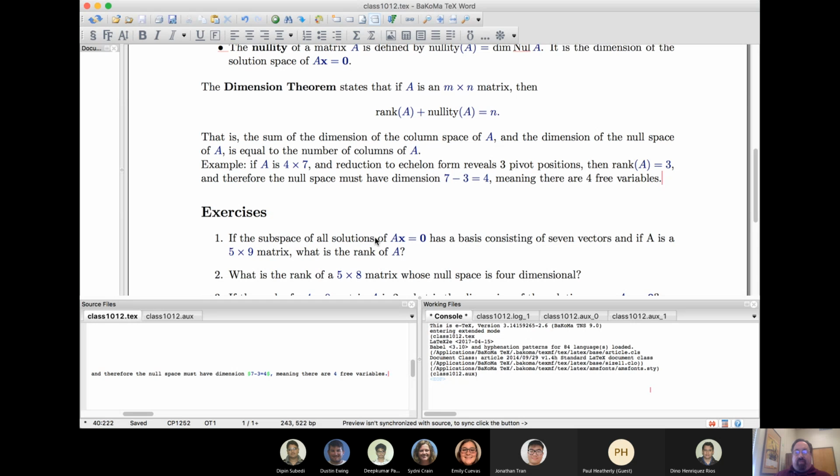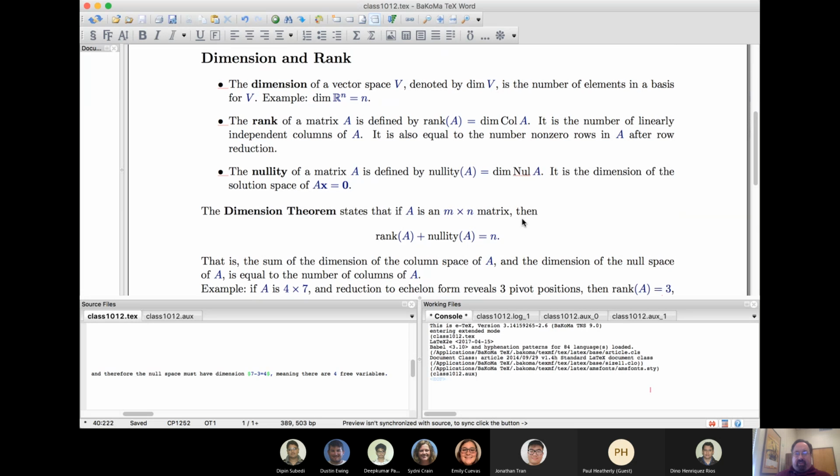We have the set of all vectors x so that Ax equals 0. That's a subspace, and if a basis consists of 7 vectors, then what is the rank of A? So this is testing your knowledge of not just the dimension theorem, but how you infer what the dimension of a space actually means.